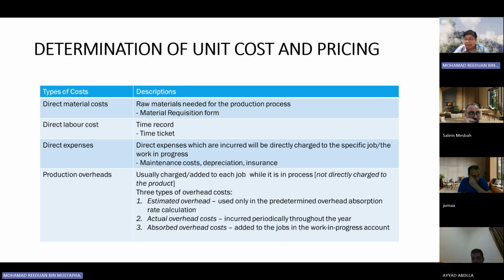Have you seen any material requisition form in your organization at this moment? Your department definitely did not request any material, is it? But if you want to do something, have you come across any requisition form?